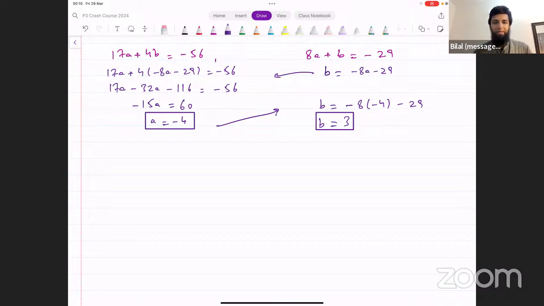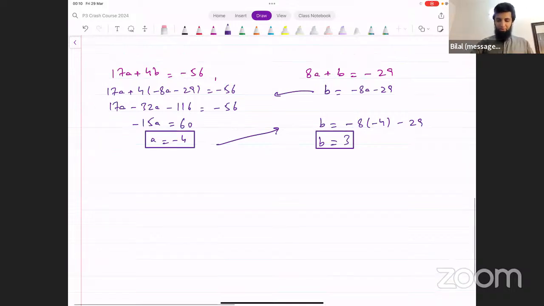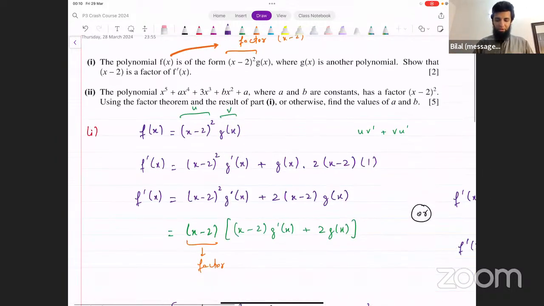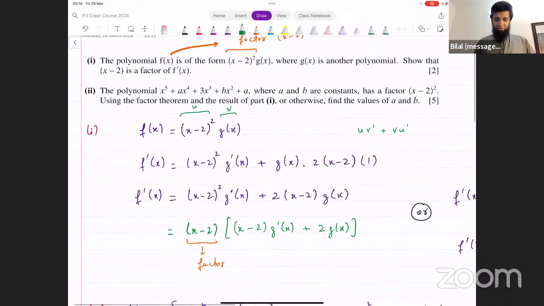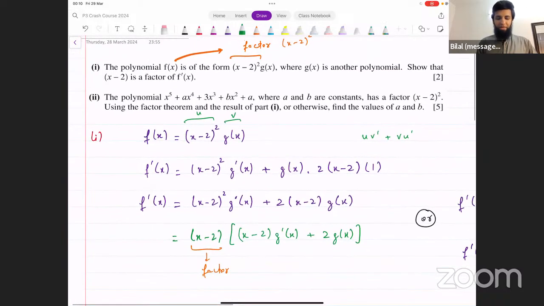Okay. I hope that makes sense. Now, let me quickly go through this again. What did we do here? In the first part, we proved that if we have a function f of x that has a factor x minus 2 whole squared, then the derivative of that, f dash of x, would have a factor x minus 2.